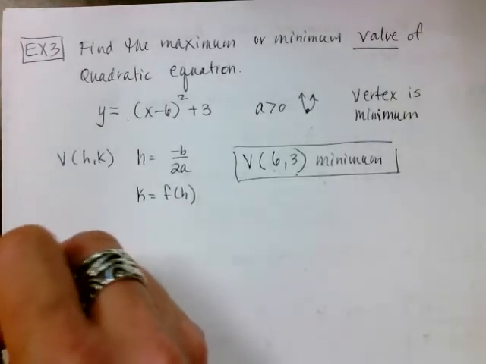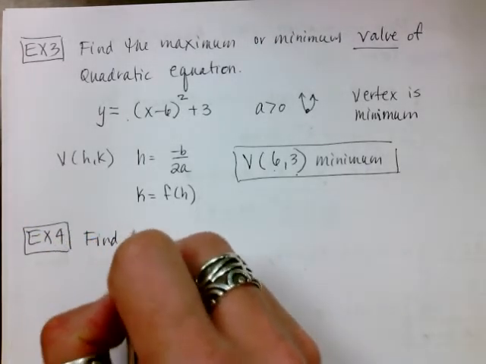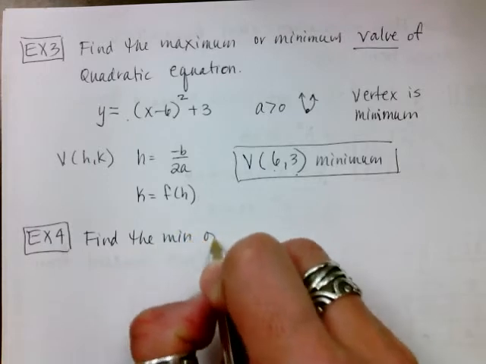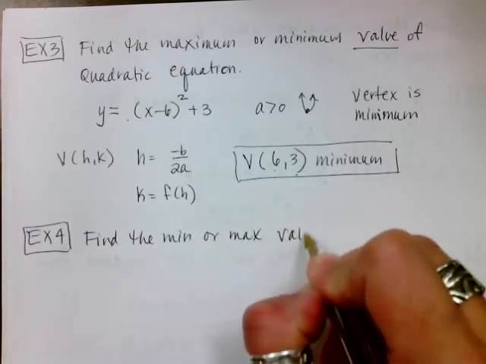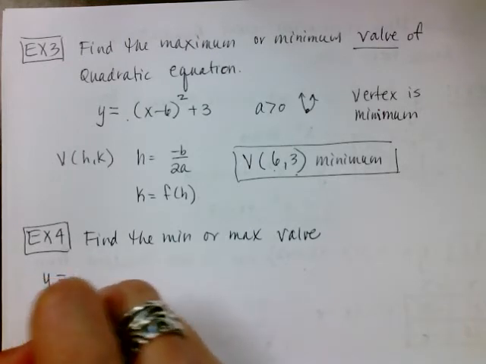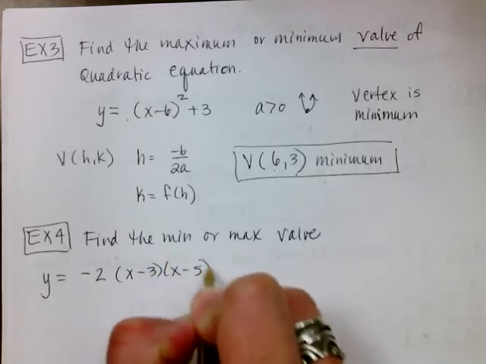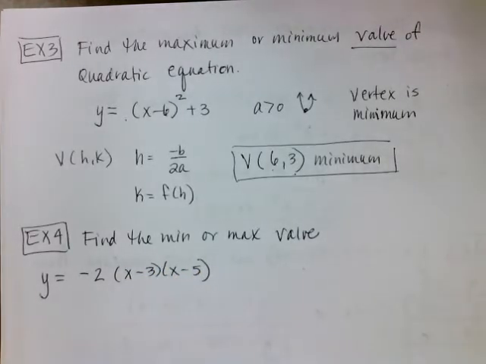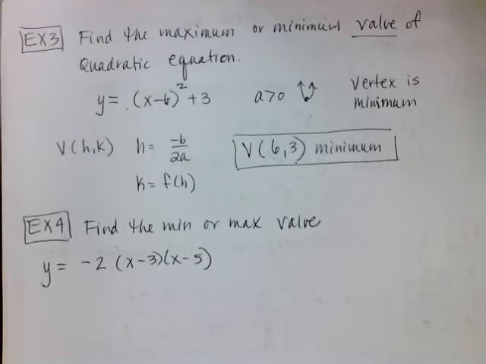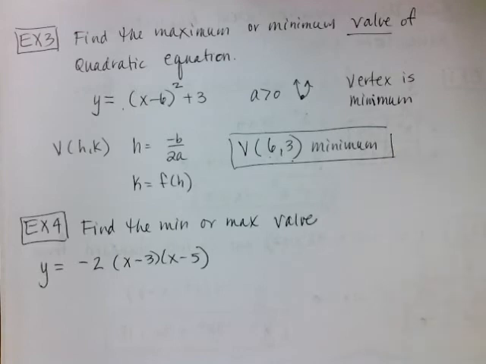All right, so then let's do another example. My next example, same directions, so find the minimum or the maximum value. This one's going to be y equals negative 2 times (x − 3)(x − 5). Now the issue with this one is they gave it to me in factored form, so I actually don't know the vertex like I did in the previous problem, but if I convert it to standard form, then I can find the vertex.